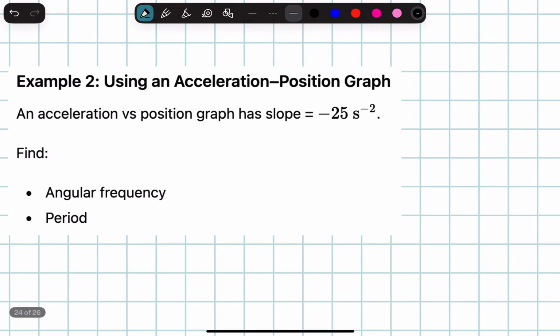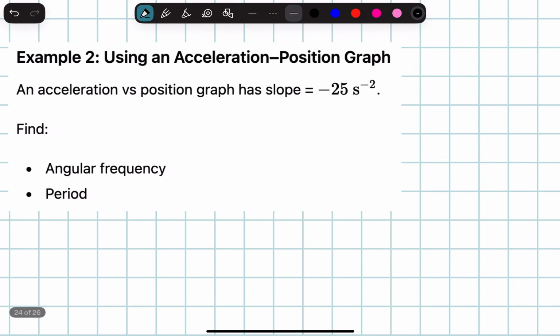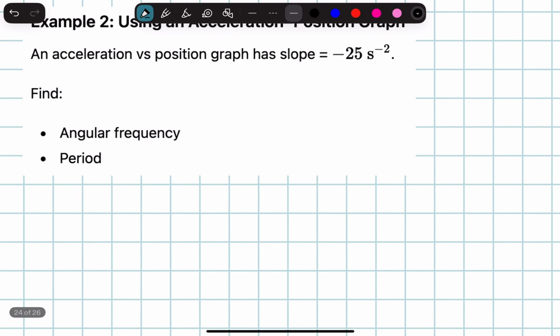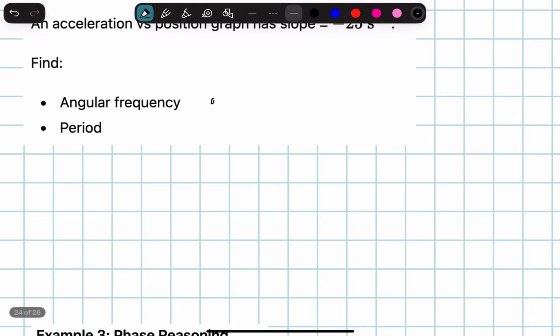Now, an acceleration versus position graph has a slope of negative 25 seconds to the power of negative 2. Find the angular frequency and the period. So we know that a is equal to negative omega squared times x.